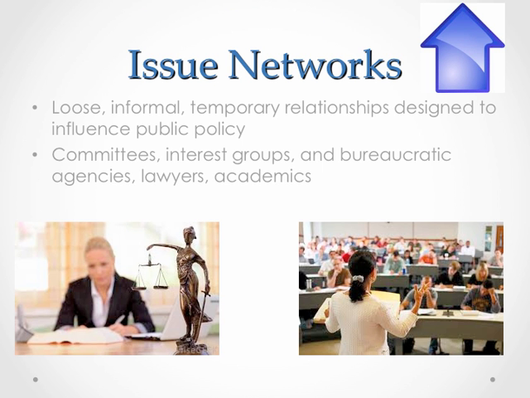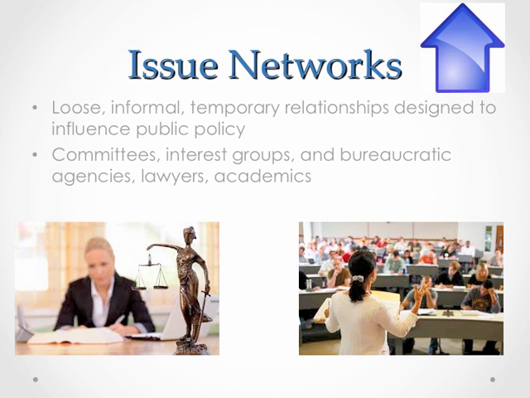On the other hand, we have issue networks, which have the same purpose, influencing public policy. However, whereas iron triangles are permanent, long-lasting relationships, issue networks are loose, informal, and temporary. They're made up of committees, interest groups, and agencies, just like an iron triangle. However, they also include lawyers and academics.